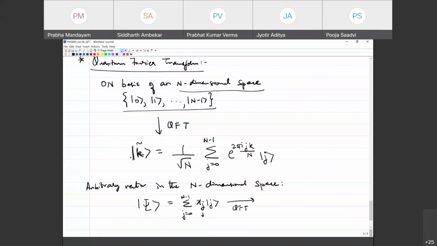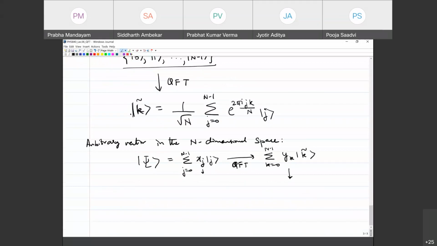I hope you now see the connection emerging between the QFT and the DFT. So this will basically become the sum over k from 0 to n minus 1 of yk times k tilde, where the yk will basically be the discrete Fourier transform of this set of coefficients.